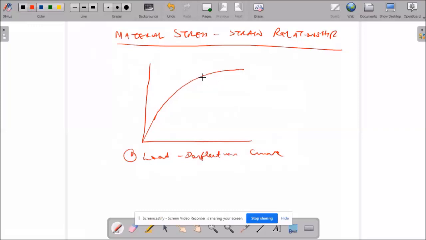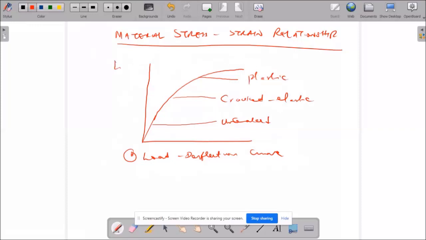Here we have the plastic state. We call this at crack or elastic state. We call this at uncracked state. So here we have uncracked, we call this cracked or elastic state, then we call this plastic state.